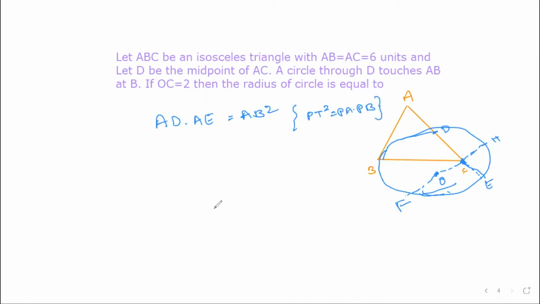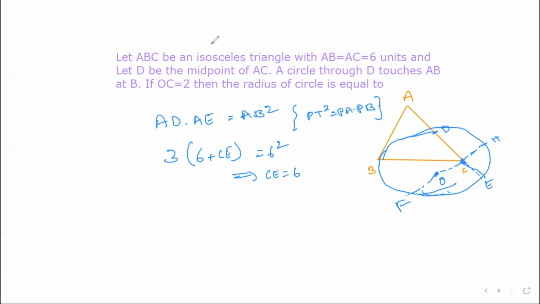Using this property, we can write AD, since it's a midpoint, as 3. And AE we don't know, but we can write it as 6 plus CE, because AC is given as 6. And AB square is nothing but 6 square. So from this we can find out CE as 6.